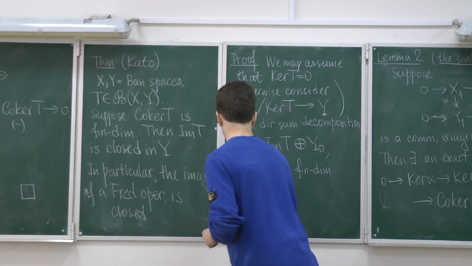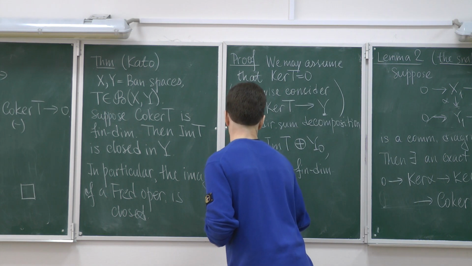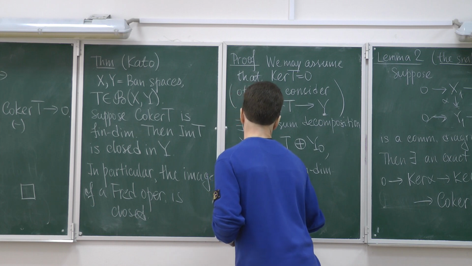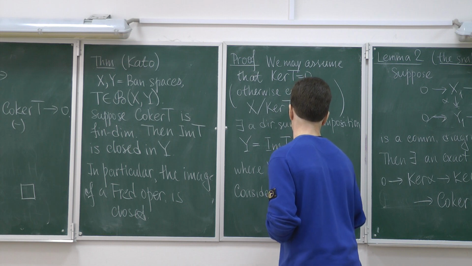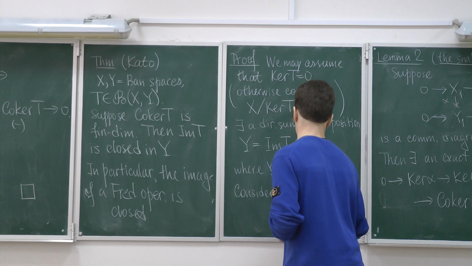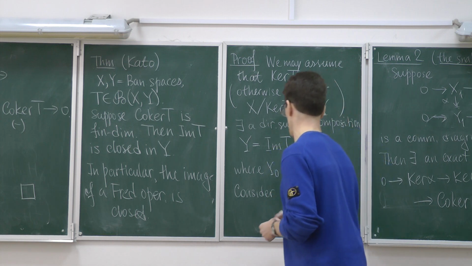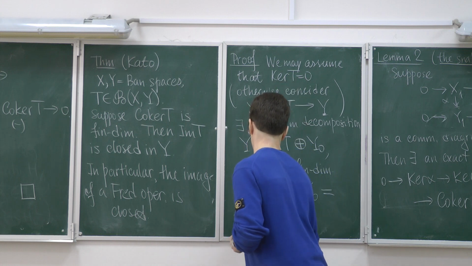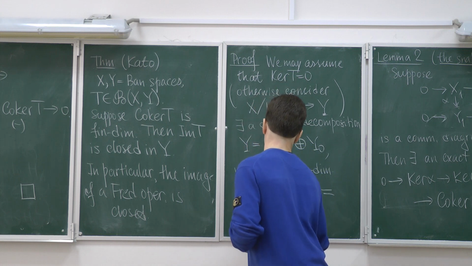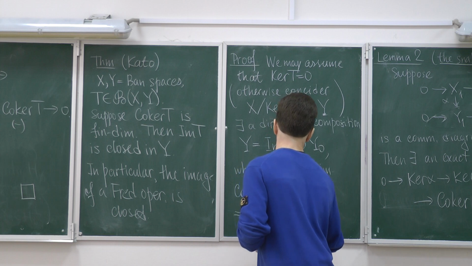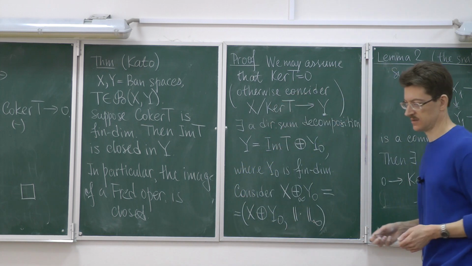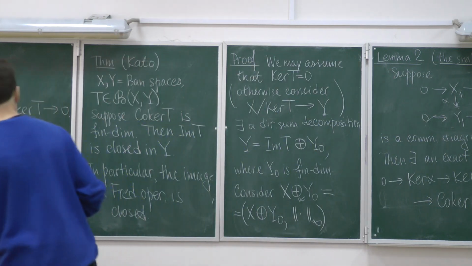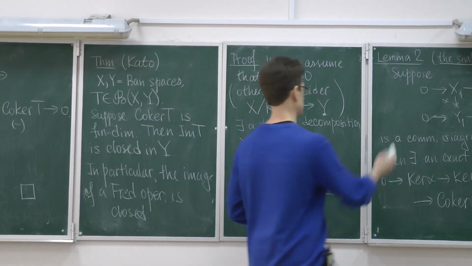We now consider the so-called L infinity direct sum of X and Y0, which is the algebraic direct sum equipped with the norm which is the maximum of the norms of the summands.